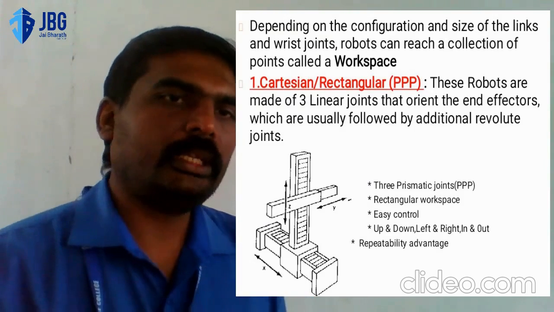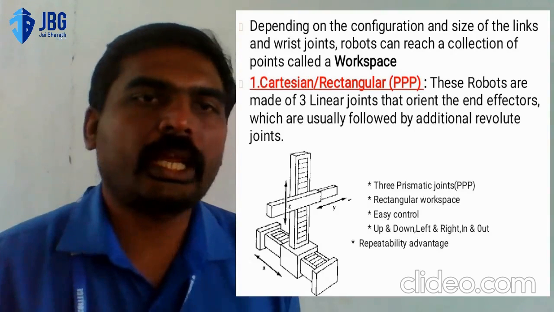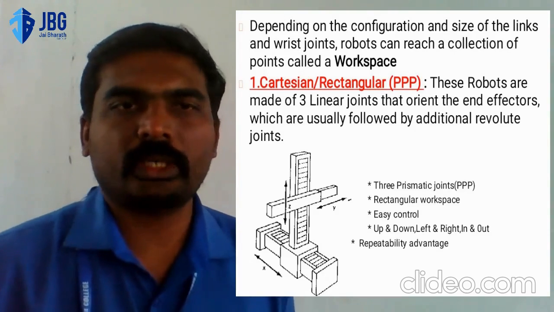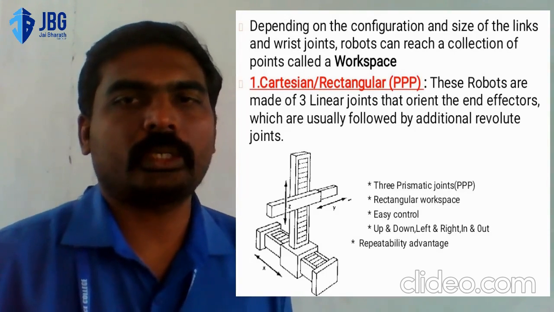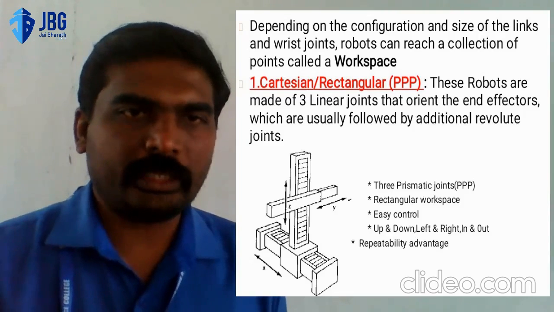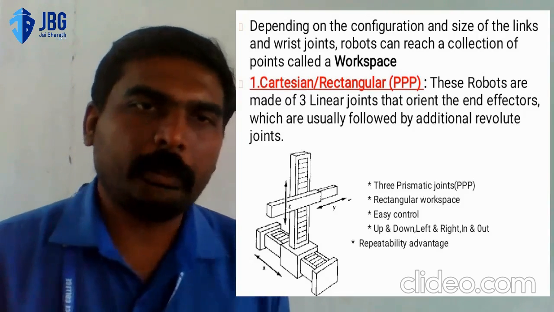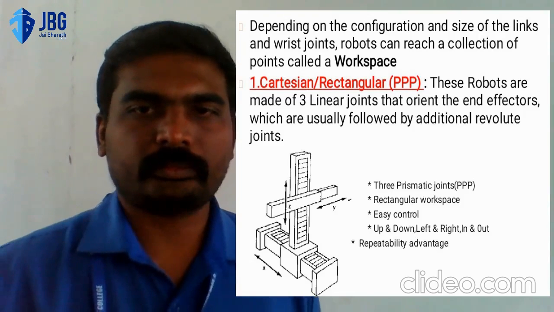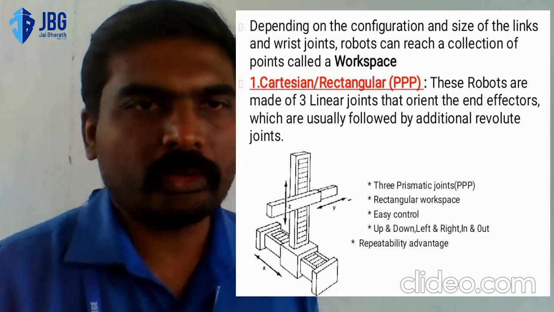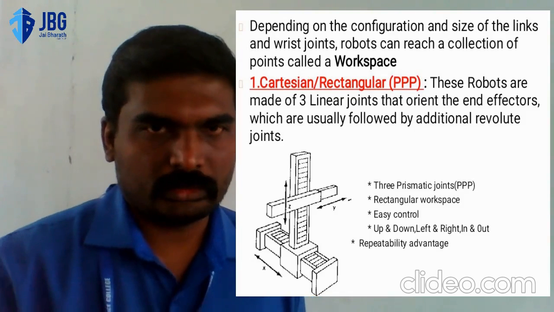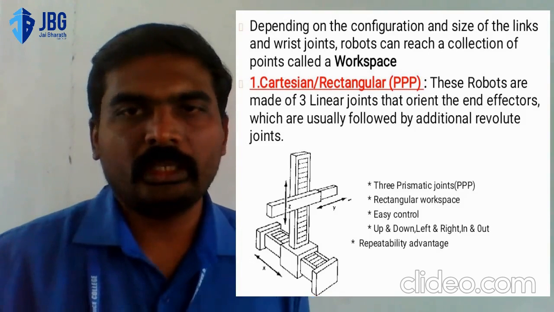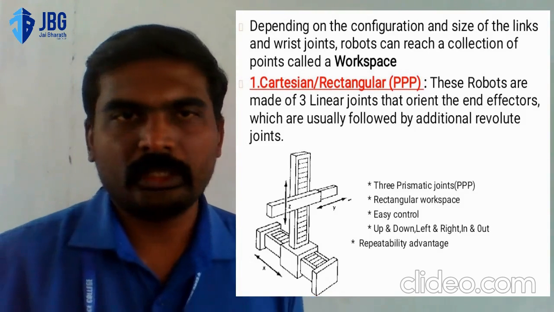So basically the movement creates a rectangular shaped workspace. That's why the name Cartesian or rectangular coordinate robot arm. Being three prismatic joints, we represent it as triple P configuration. Three prismatic joints means PPP, triple P configuration. So we have triple P configuration, three joints there, rectangular workspace.